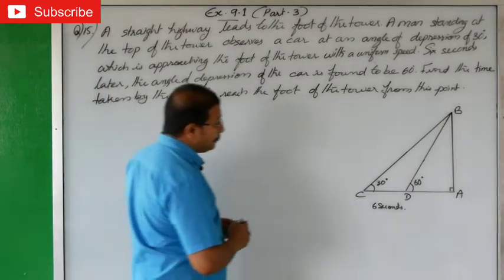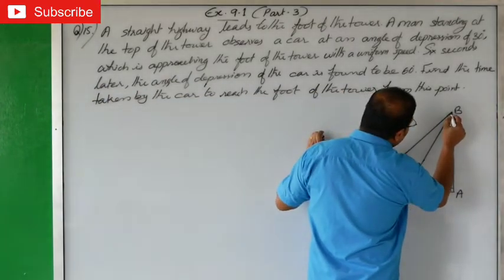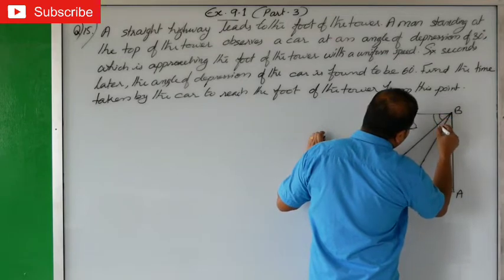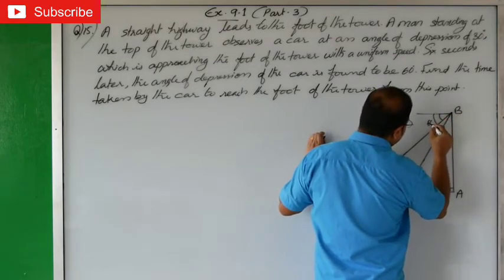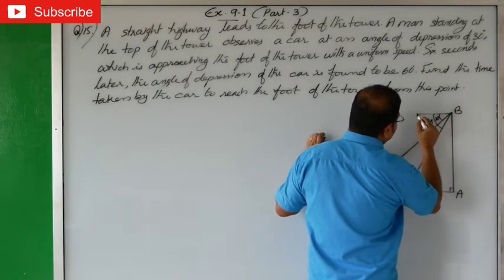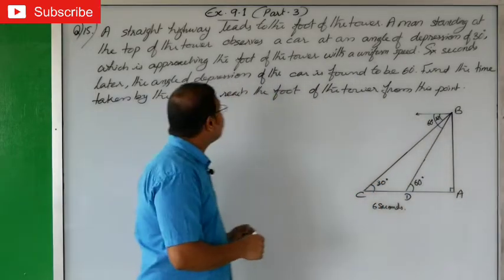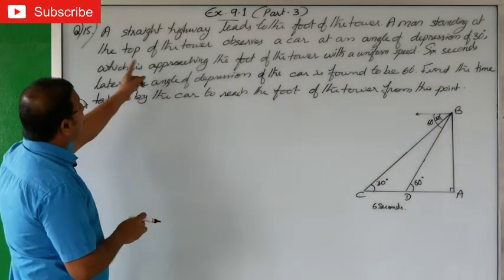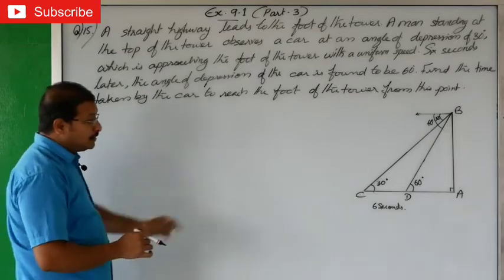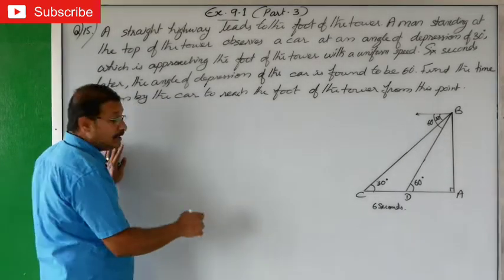Ready? That means angle of depression is given. This is 60. This is 30 degree. Ready? That means what is given? A straight highway leads to the foot of the tower. That means the tower is AB.